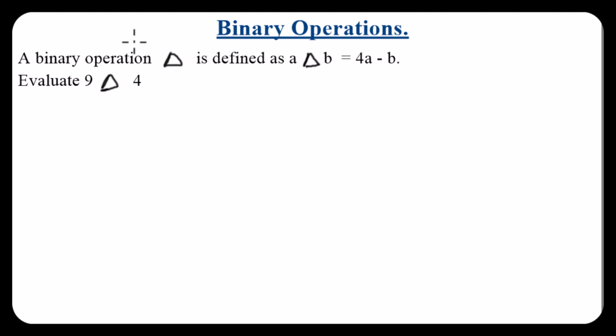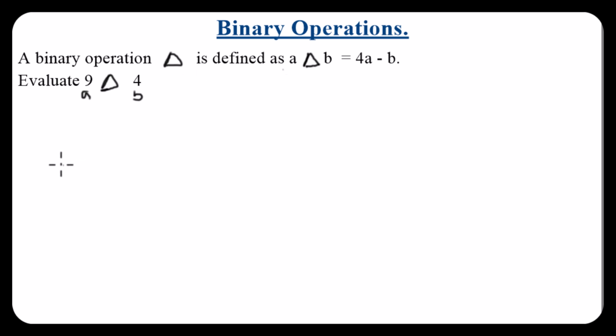For the next question, we're told that a binary operation, delta, is defined as A delta B equal to 4A minus B. And we're asked to evaluate 9 delta 4. Just like we did in the previous example, we assume 9 to be A and 4 to be B. This is the rule we're giving this delta operator from the question.